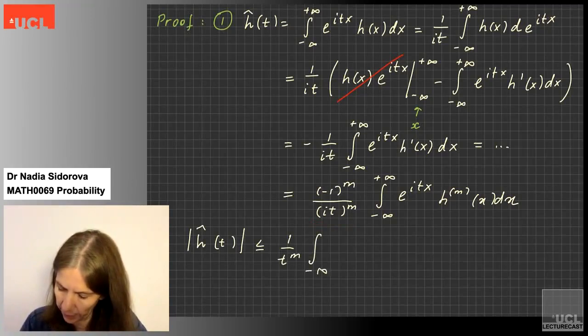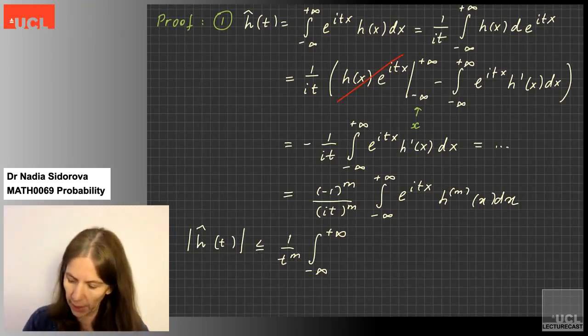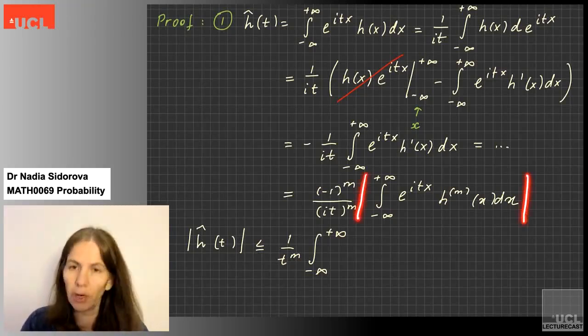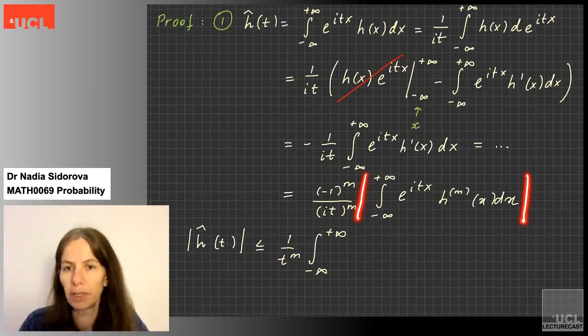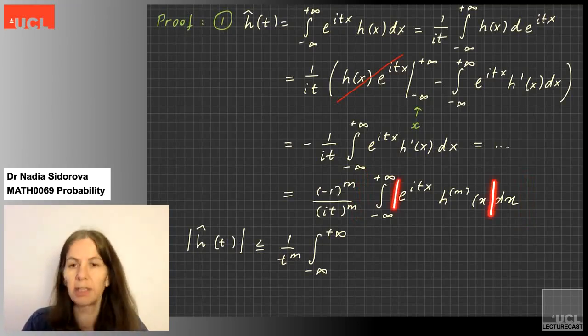Now the integral, I have the absolute value outside of the integral at this stage, but we know that we can bring it inside if we want an upper bound. So it will be the integral.